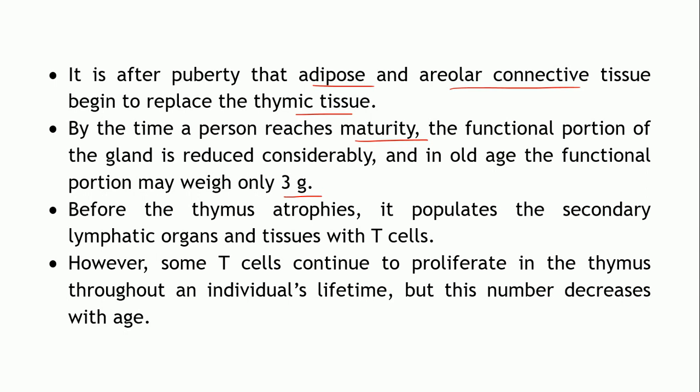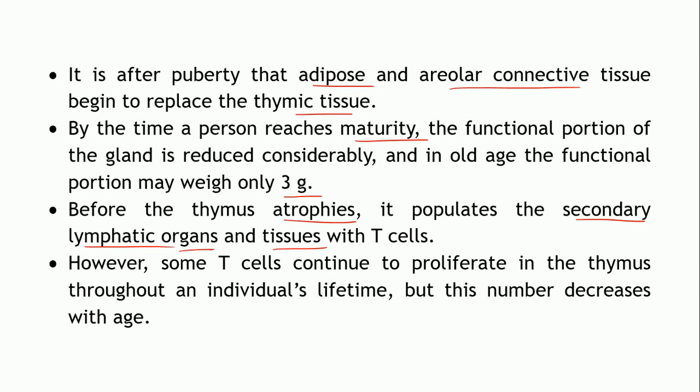So what happens as the age progresses? What happens to the thymus? The thymus atrophies, that is wasting takes place because the cell death is taking place, right? So a lot of T cells are leaving this thymus and they are actually entering into the secondary lymphatic organs and tissues where they will colonize and they will proliferate.